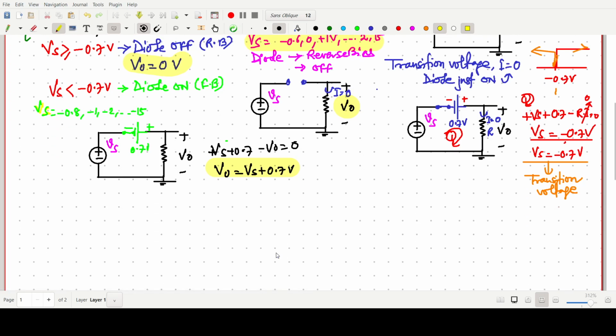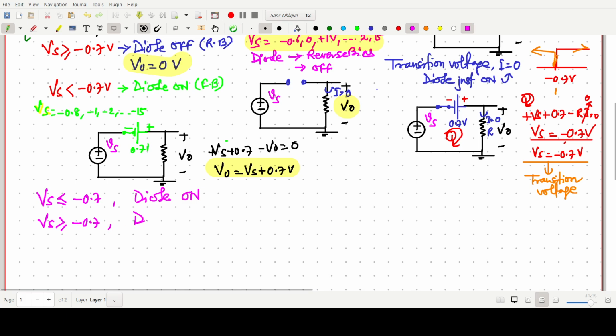So once again I am writing one line. When Vs is less than or equal to minus 0.7, the diode becomes on, and when Vs is greater than minus 0.7, the diode is off. So that thing will be clear to you.